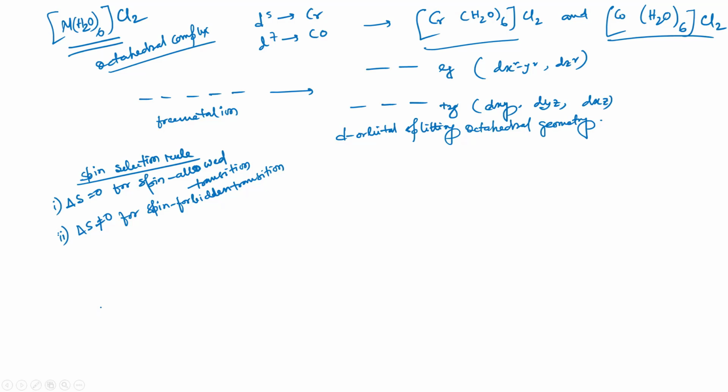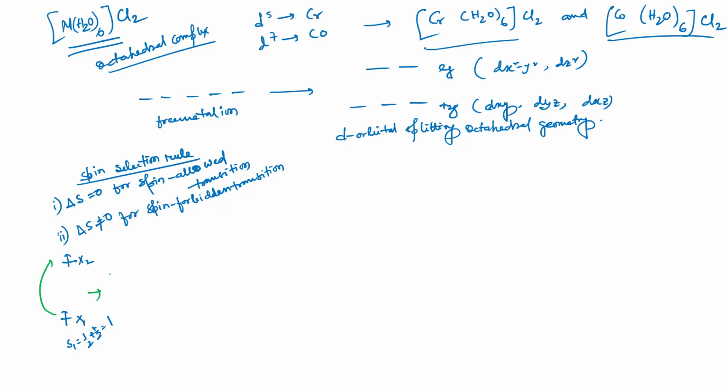We can show it by giving one example. Just think about two different sets of orbitals, x1 and x2, and each of the sets of orbitals has one electron. So the total spin of this configuration will be half plus half, that is 1. Now the electron from x1 goes to x2.